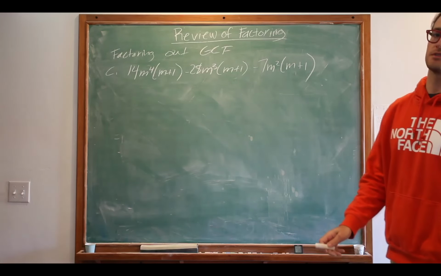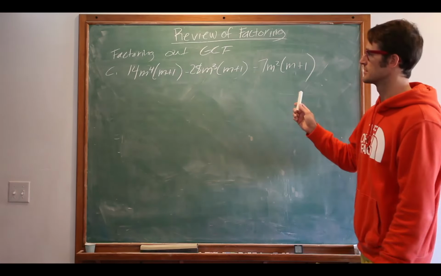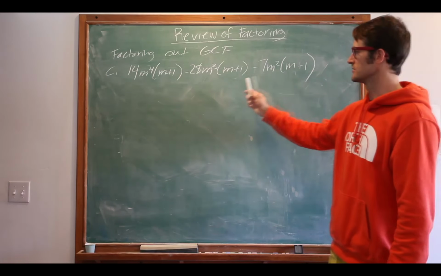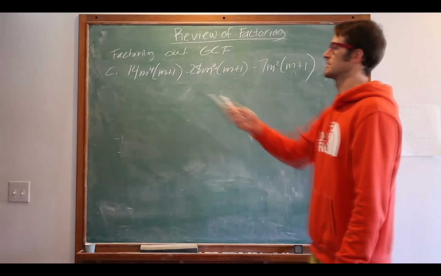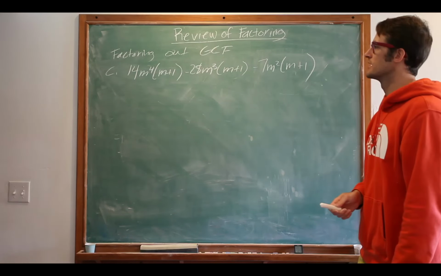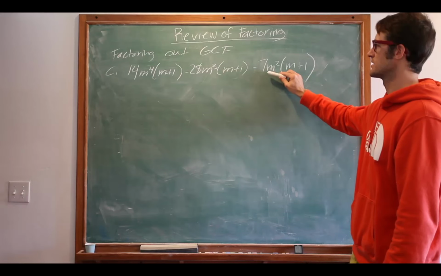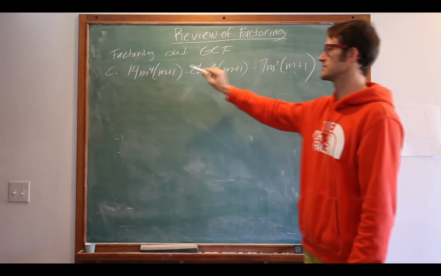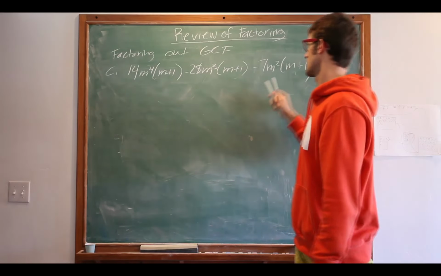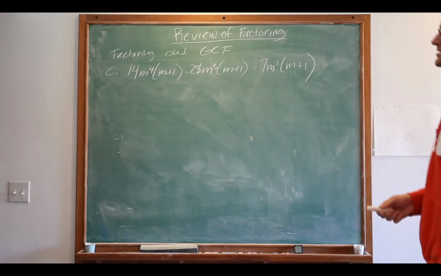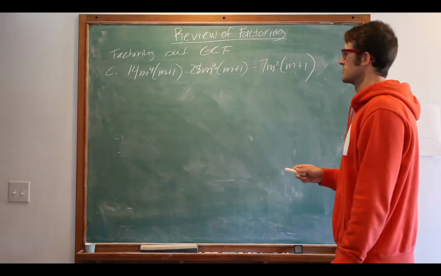Okay, so what jumps out as being shared or common in a lot of these, immediately you can see that there's m plus 1 in each one of these, so that's something we can pull out. And then another thing that I'm noticing is that there's 7m squared contained in each of these. So multiples of 7 are all down the line. So let's actually do it as a multi-step one.